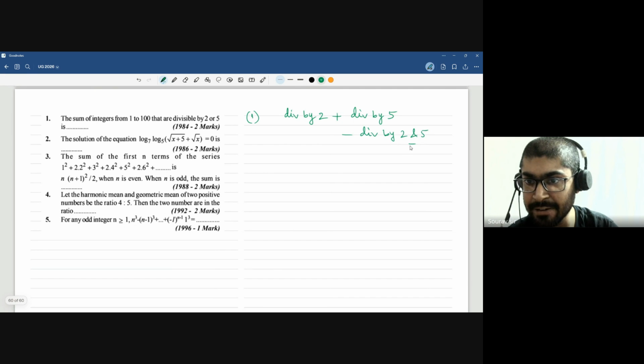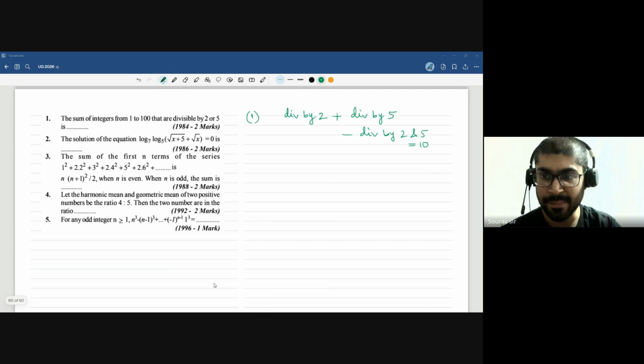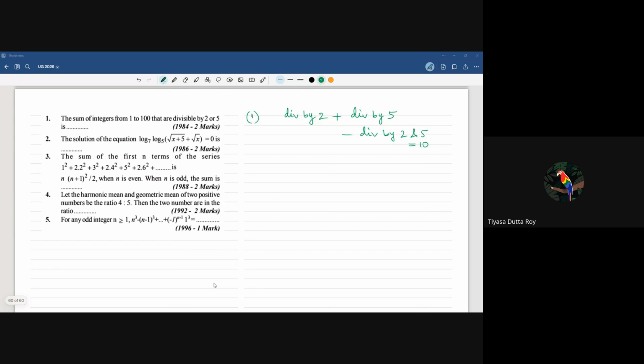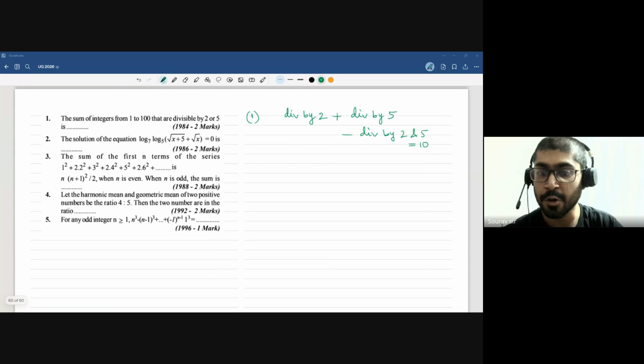So, this is basically 10. All right. Now, can any one of you tell me how does this relate to set theory? It's asking for A union B. So we have n(A) plus n(B) minus n(A intersection B). Very good. Okay. So, start looking for these patterns.